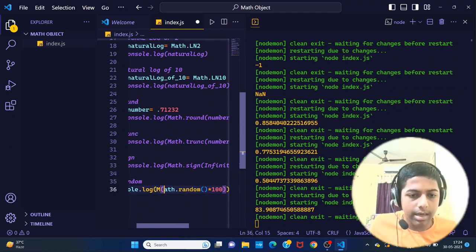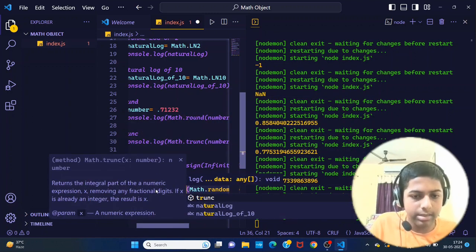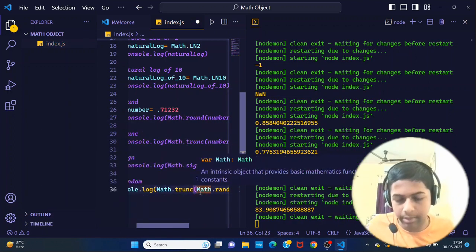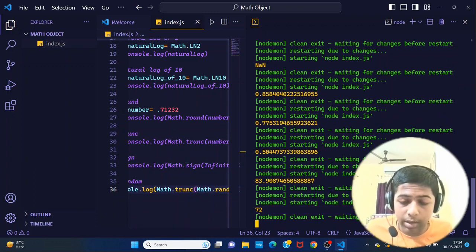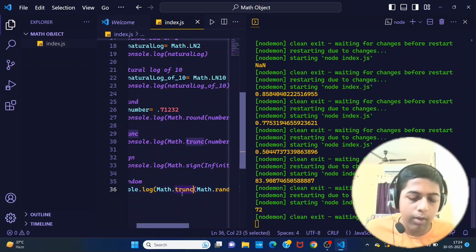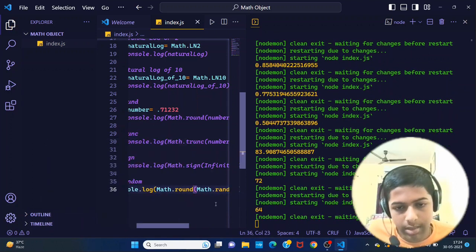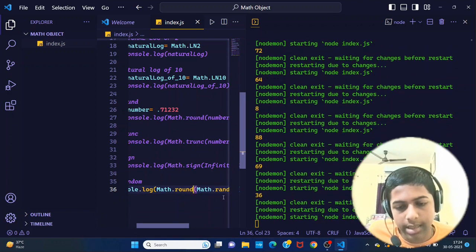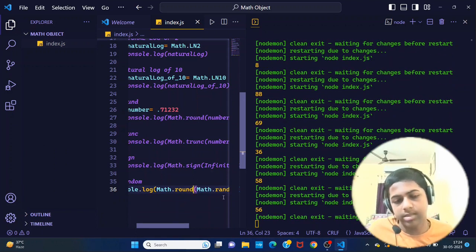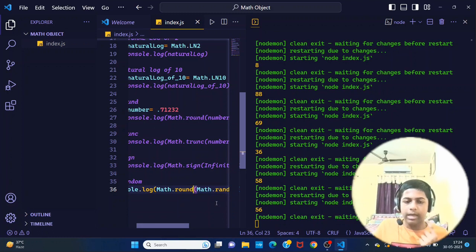First of all, you can say Math.trunc(Math.random() * 100). We are getting the integer part, right? Or we can even round this: 64, 88, 69, 36, 58, 56. Every time a random number between 1 and 100.